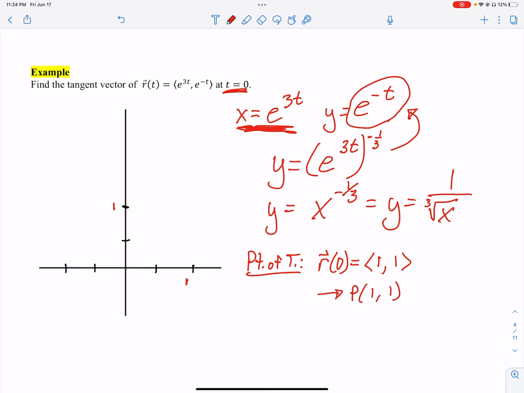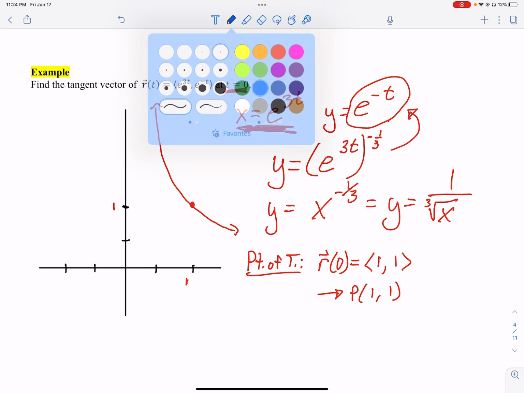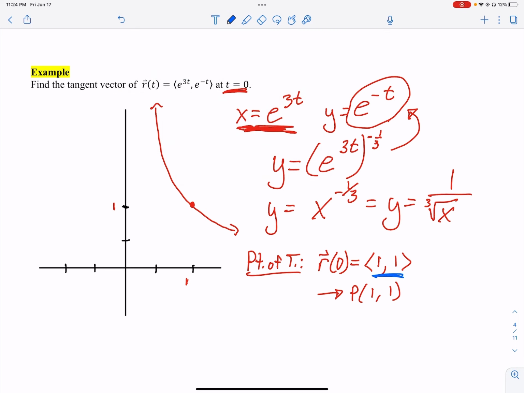Remember, the vector valued function spits out a vector that points at the point. So if I have 1, 1, that's right here. This curve, if you remember, looks something like this, like the rational function. How this vector valued function works is this vector is pointing from the origin out to that point. That's how it came up with that point.